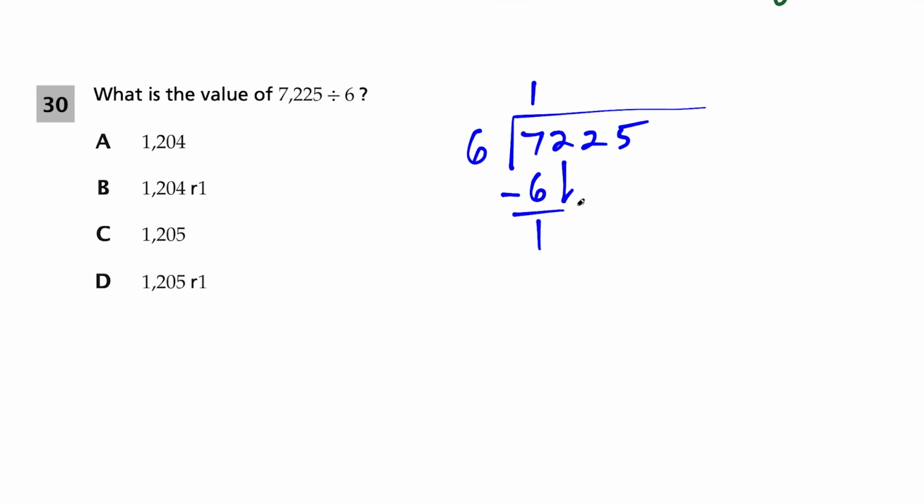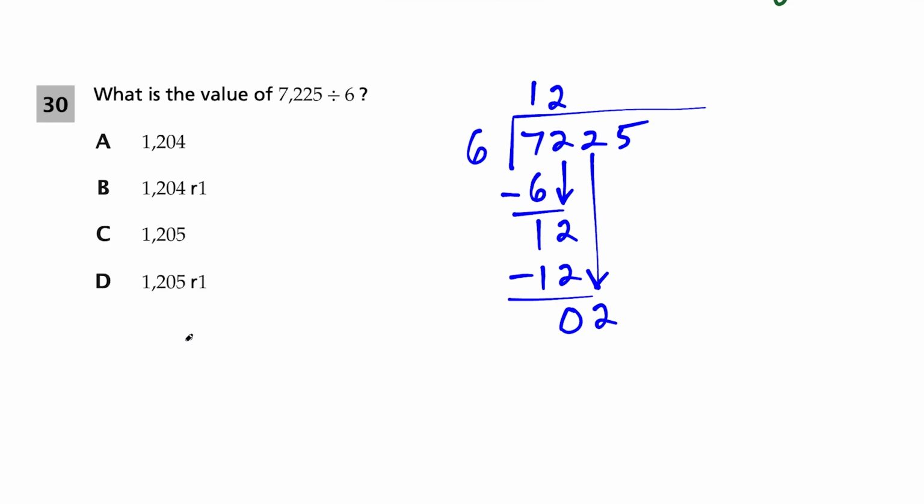Now I bring down my 2, and I start the process all over. 12 divided by 6 is 2, and 2 times 6 is 12. Remember, 12 divided by 6 divides evenly, giving us exactly 2. So when I subtract here, I have no remainder, but then I bring down my 2, and I start the process all over again. I keep going until I run out of digits. So next, I'm doing 2 divided by 6.